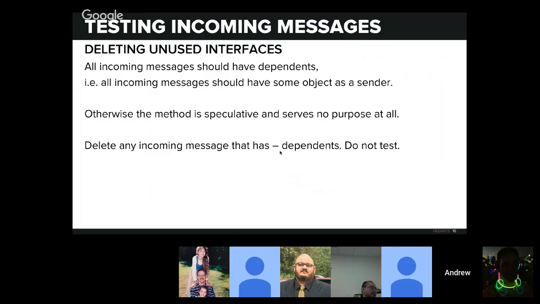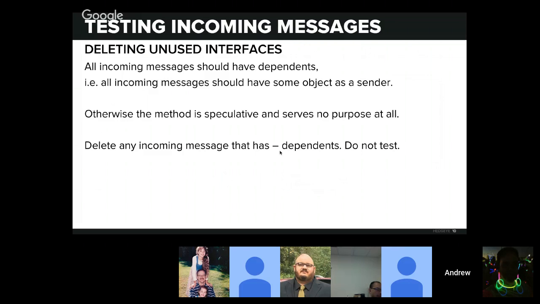So if you do have a method that has no dependence, what we said before, it's speculative. We're trying to guess what the future might ask of the application. And as far as agile, that is a waste of time.